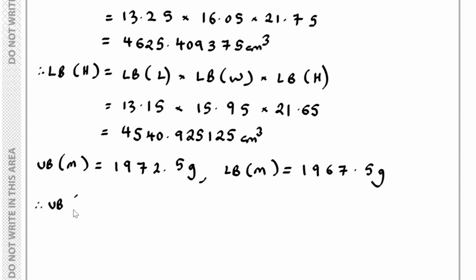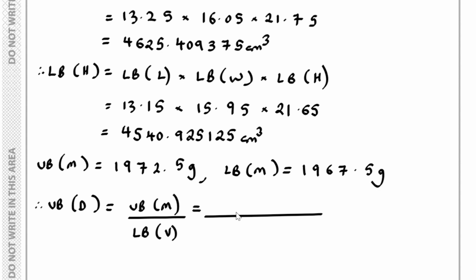The upper bound of the density is equal to the upper bound of the mass divided by the lower bound of the volume. So I've got the upper bound of the mass, 1972.5, divided by the lower bound of the volume, 4540.925. So let's work this out.